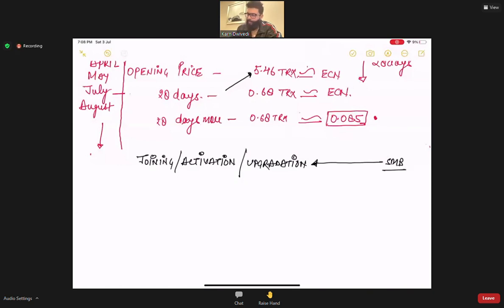You have many people in the system have their SMB going for upgradation. And you are thinking that your ID is going through SMB, and once your upgradation will be over, you will start making money for your life. Let me put you in the real picture, and then you tell me.